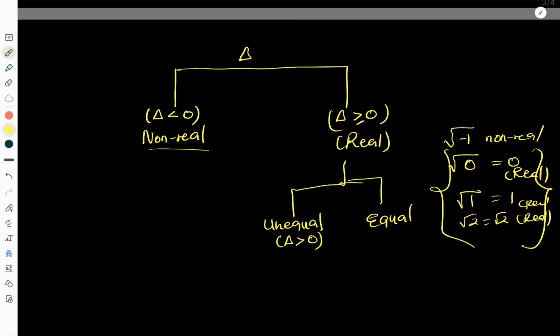Either they will be irrational or they will be rational, but you will get two different solutions. And then when your delta is equal to 0, that's when you will get equal roots. I will find an example later where you get equal roots when your delta is 0.